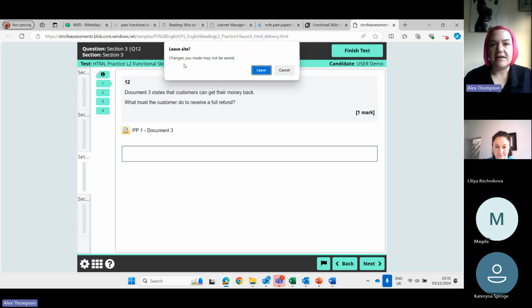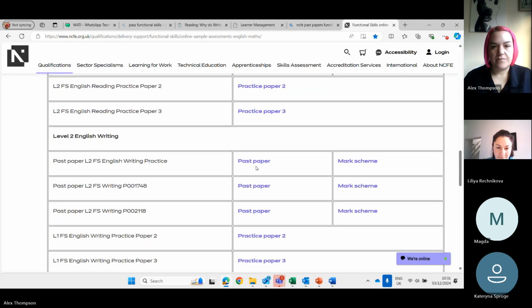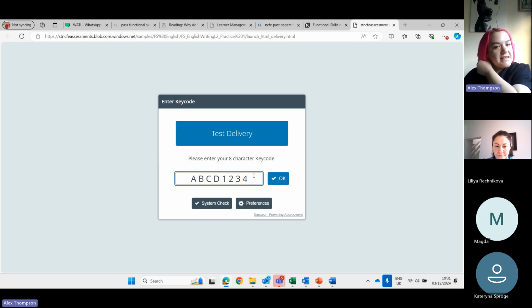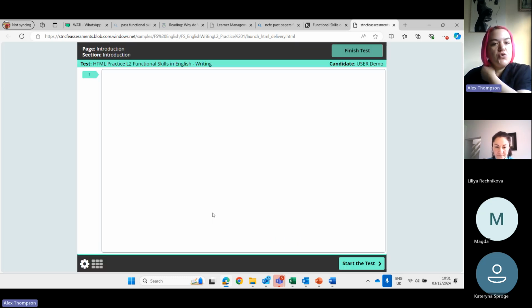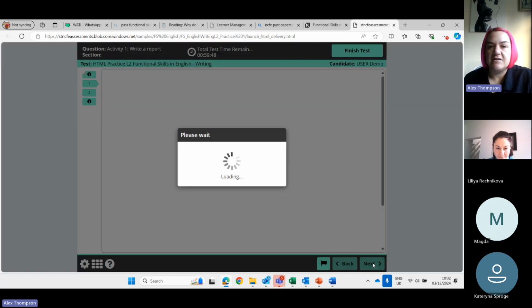When it comes to the writing exams, I show you what you could be asked to write. Now, on the writing exams, you will only be asked to write 2 documents, at level 1 and at level 2. And in this case, they are about parking spaces and public transport. And you are asked to write a report for the first one and an article for the second.